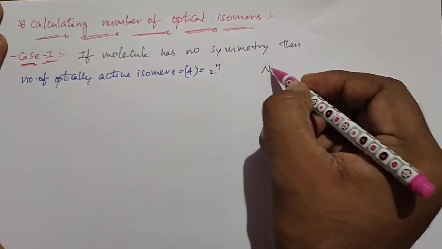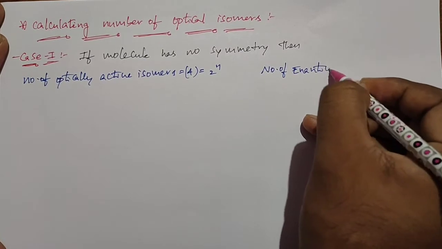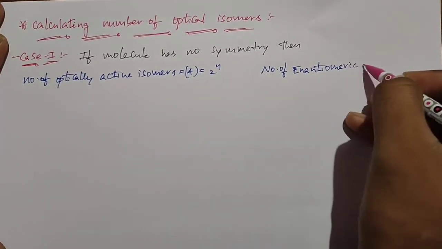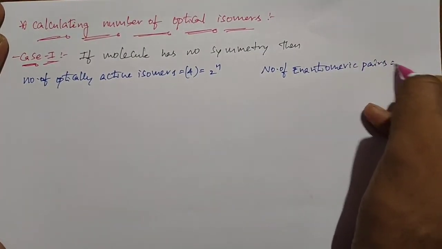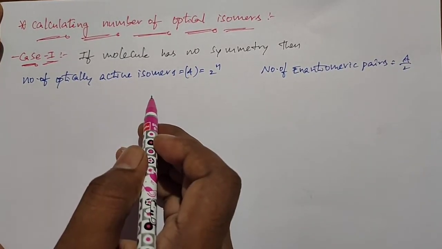And here we have one more formula: the number of enantiomeric pairs is equal to A by 2. Here A means the number of optically active isomers.